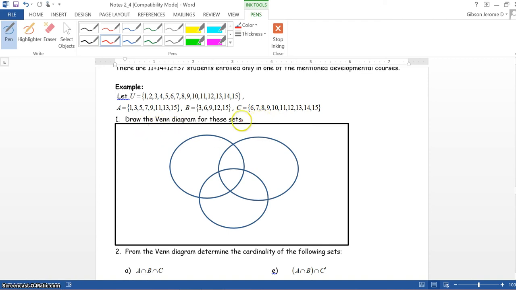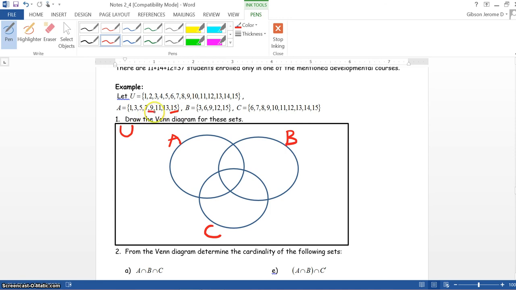Now we want to draw this Venn diagram. So we know that U will be our universe. We have one set that's A, one set B, and the last set C. Again, we want to go through this systematically and start with what intersects with A, B, and C. What you can see that intersects with all 3 is the numbers 9 and 15.